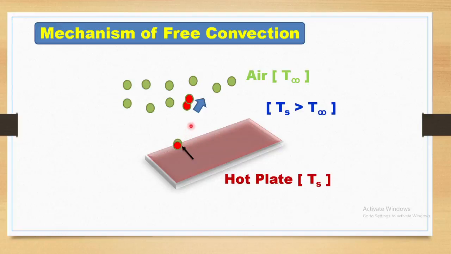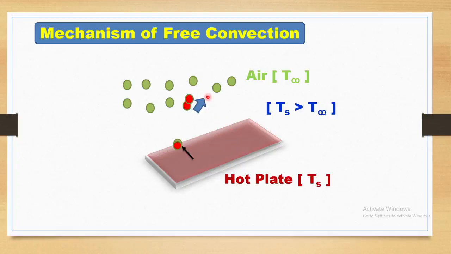The heat transfer will take place till the temperature of the surface, that is the hot plate, and the surrounding fluid become equal. And the moment the temperature difference between plate and the surrounding fluid becomes zero, the heat transfer will stop. So this way heat transfer will take place from the hot plate to the cold fluid.